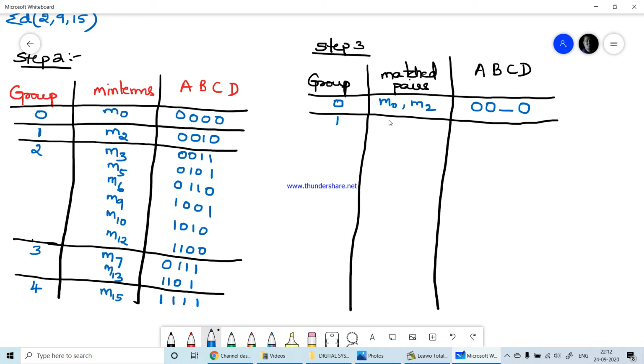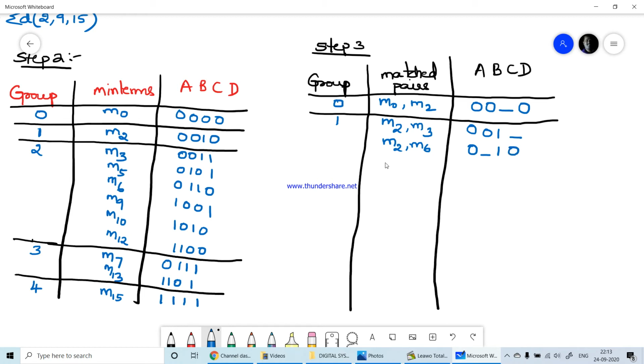Then we'll see group 1 of this table matched with group 2. So I can match M2 and M3, which will give me 0 0 1 dash. Then I can map M2 and M6. M2 and M5 we will have 3-bit difference. So M2 and M6 we can map as 0 dash 1 0.